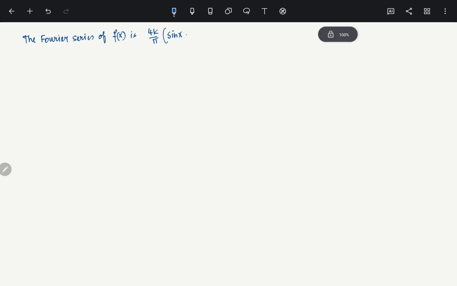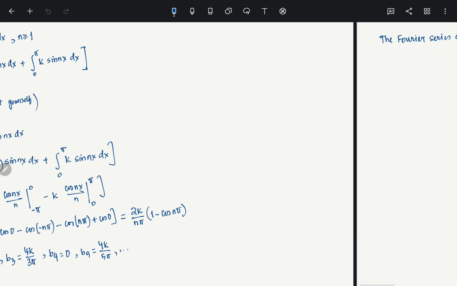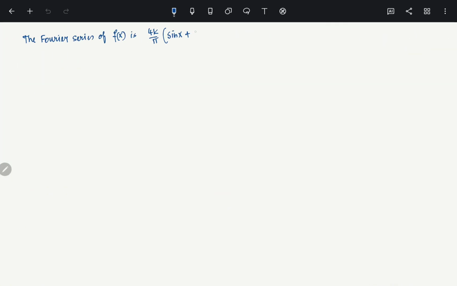Then we have sin 3x, which has coefficient 4k by 3 pi. So it is 1 by 3 sin 3x plus 1 by 5 sin 5x, plus it goes on like this. So this is the representation of this particular rectangular wave function.